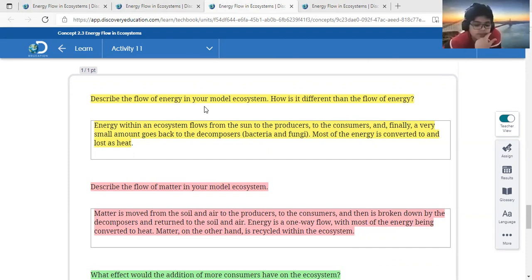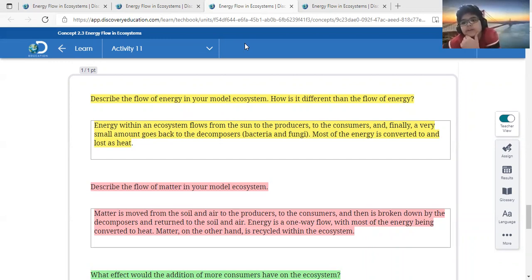Okay. Describe the flow of energy in your model ecosystem. How is it different than the flow of energy? Okay, so read the answer, please. Energy within an ecosystem flows from the sun to the producer to the consumer, and finally a very small amount goes back to the decomposers, bacteria and fungi.